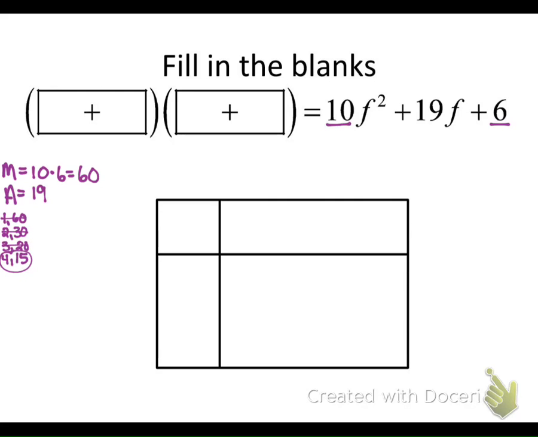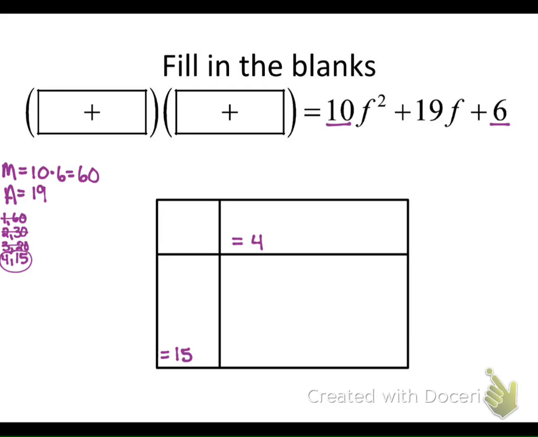Your answer will just be reversed from what I come up with. So again, I recommend that you use your smaller number in your top right and your bigger number in your bottom left. So for my top right number, what am I putting in? 4, because it's my smaller number. And my bottom left, 15.